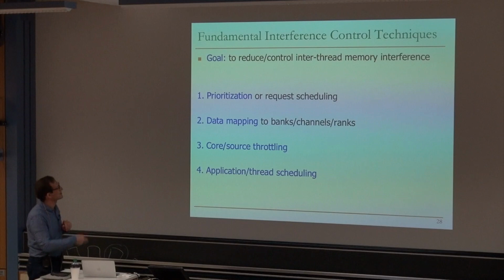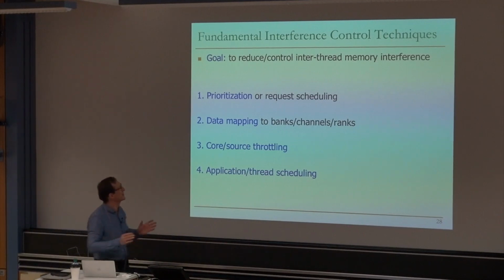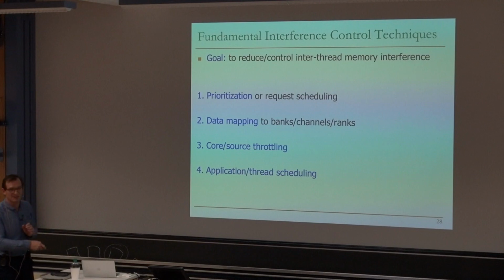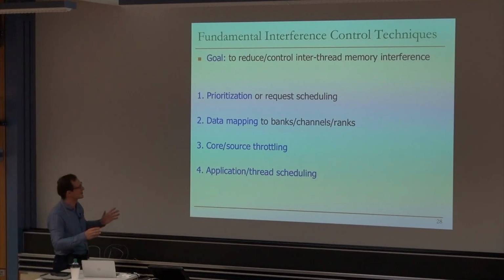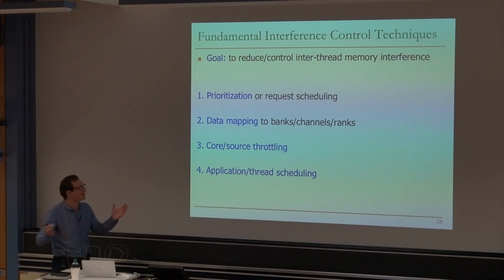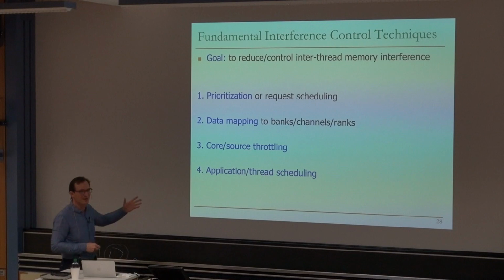So we basically discussed this in the previous slide, but I wanted to make this more clear. These are 4 fundamental techniques. Whenever you're trying to do quality of service, you have all of these options normally. And this is not just specific to the memory system, this is specific to pretty much everything that we see. You can actually apply it to human life, but I don't want to go through that right now.